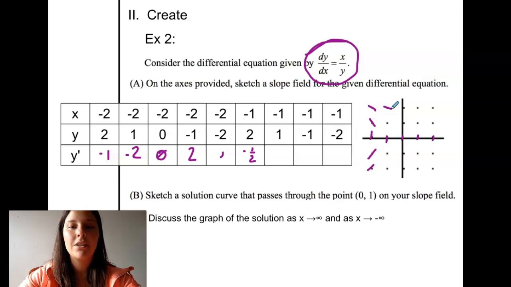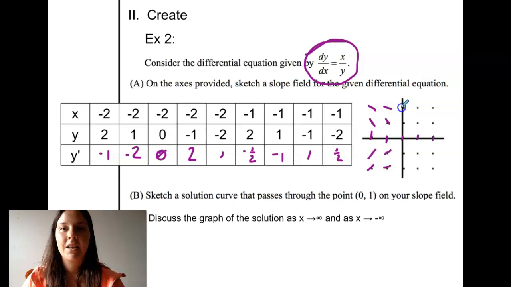Negative 1 divided by 1 gives us a slope of negative 1. I like those slopes, they're pretty easy. Negative 1 divided by negative 1 gives us a slope of 1. Negative 1 divided by negative 2 gives us a slope of positive 1/2. Continuing along the y-axis, all of those x values are 0.